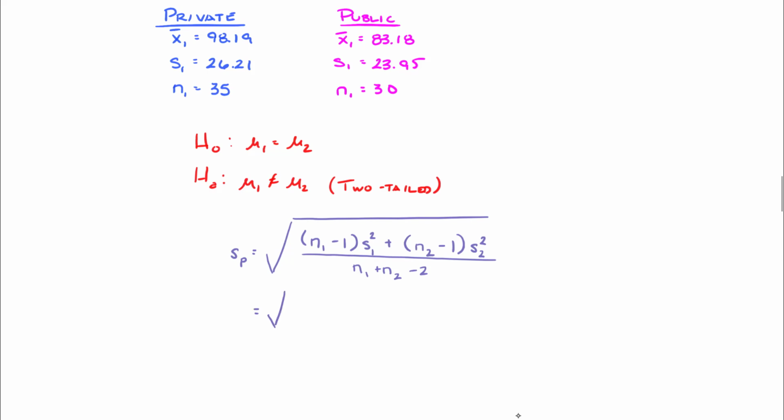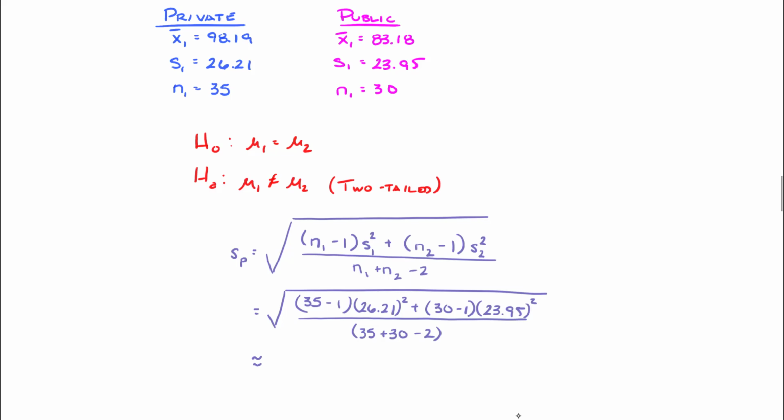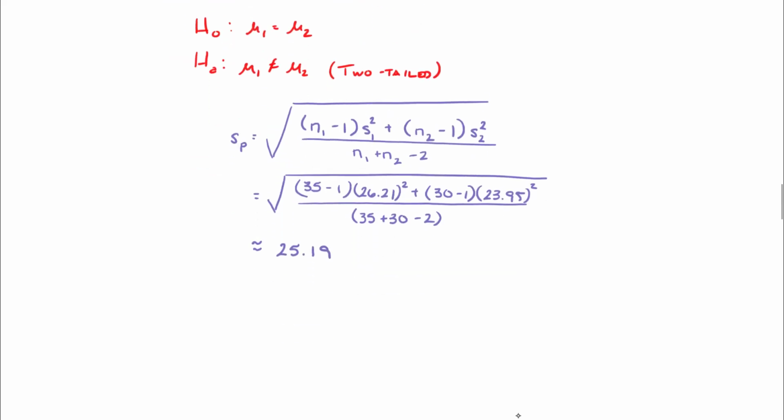We know everything on there, so we have n sub 1 is 35, S sub 1 is 26.21. Square that. n sub 2 is 30. S sub 2 is 23.95. We will square that. And then when we type this in, what we get on our calculator is that this is approximately equal to 25.19. So we have our value for S sub P.